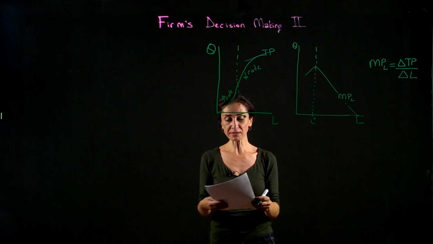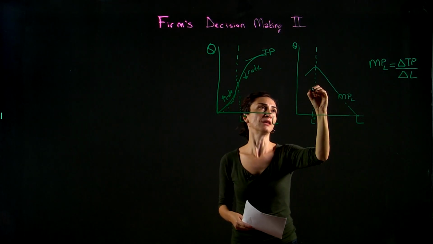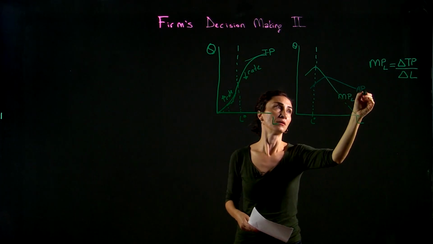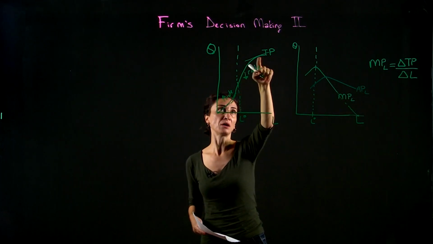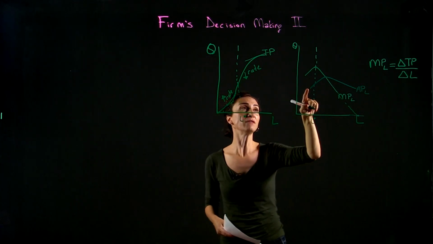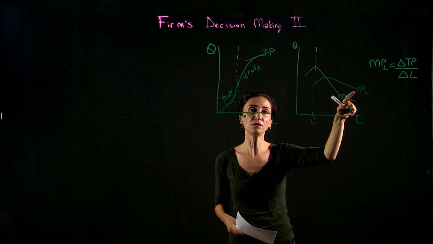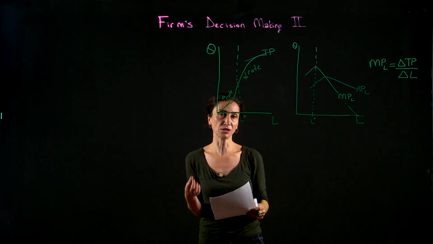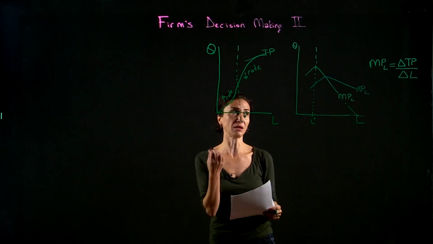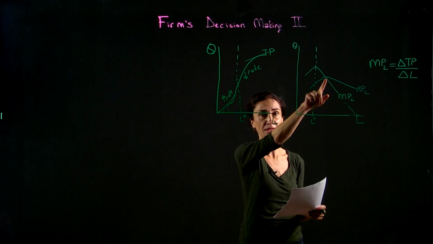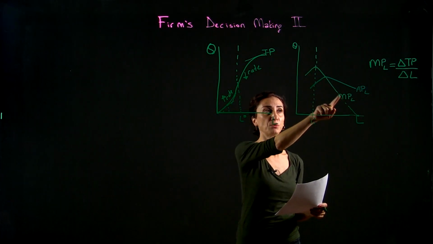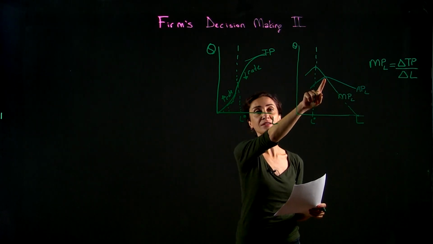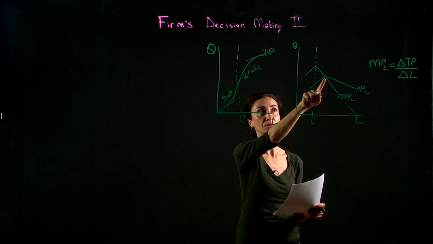Now, we also talked about average product of labor. For a total product curve that looks like this, the average product curve has an inverse U shape. And always, the mathematical relationship between marginal product and average product requires that the marginal product curve intersects average product at its maximum point, right?